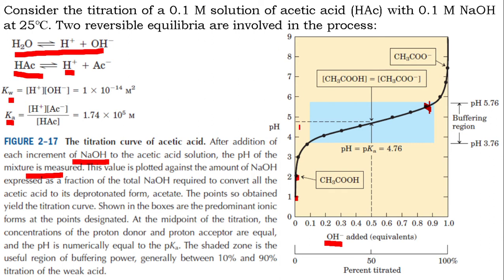Come to the graph. This graph has a particular shape. Initially, as we are adding the alkali, the pH is increasing suddenly. By the time we added 0.1 ml, the pH increased suddenly. Thereafter, we added 0.1 ml, then 0.1 ml, then 0.1 ml, and the pH is not increasing at the previous rate.